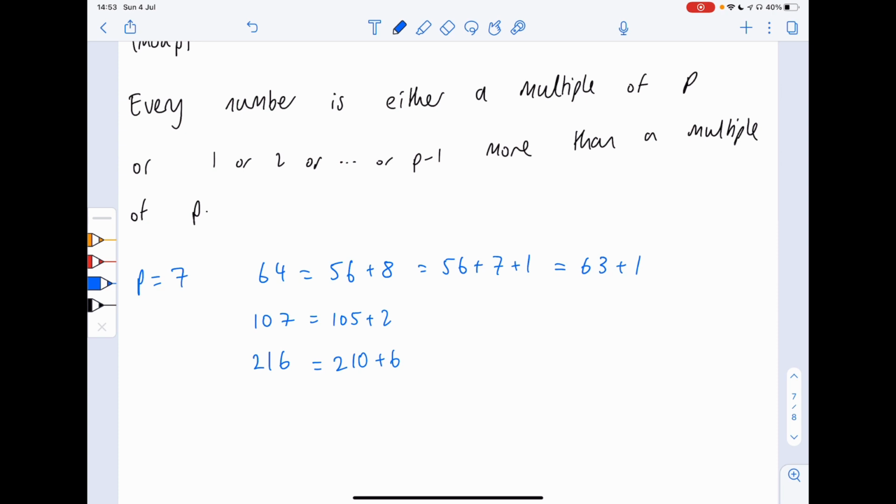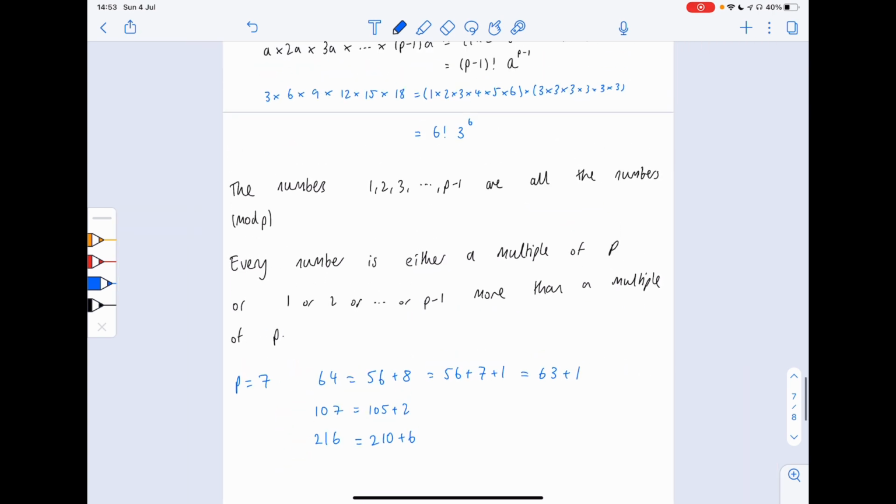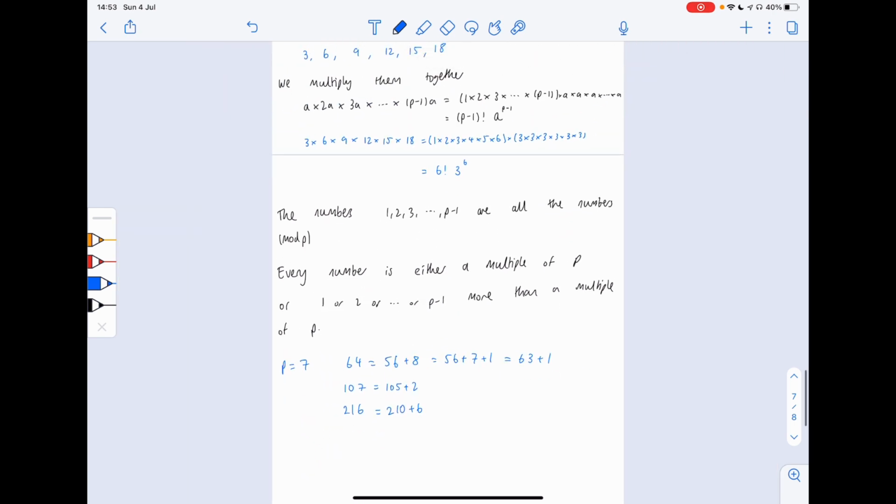Right, we can always reduce this number to something that's either 1 or 2 or 3 or 4 or 5 or 6. So, back to what we said, the numbers 1, 2, 3, up to p minus 1 are all the numbers mod p, if we're not including multiples of p.